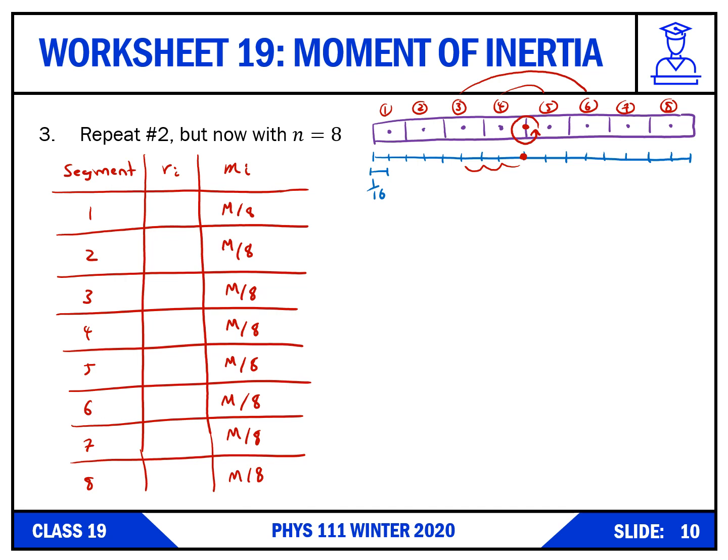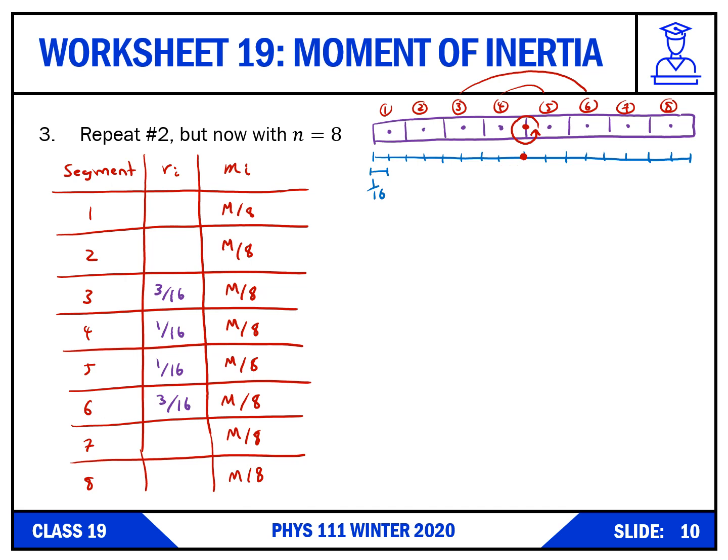So as we've said, segments 4 and 5 are 1/16th units away from the center of axis. 3 and 6 are going to be 3/16ths away from the center of axis.